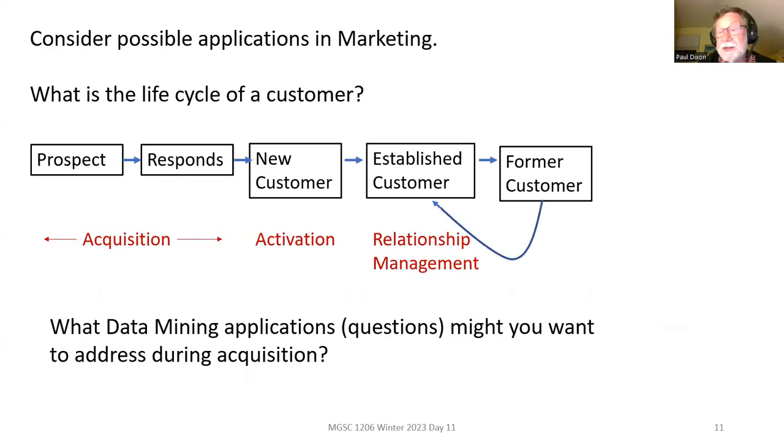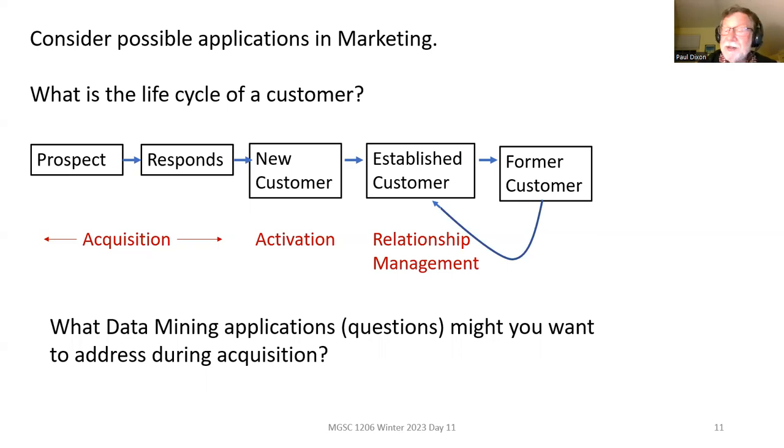Now, just to remind you, why do we need models and where do these things come up? Even basic marketing has a whole bunch of stages to it. It's not just advertising. You've got prospects out there, potential customers. You've got to find a way of defining who they are, profiling who they are, finding them.